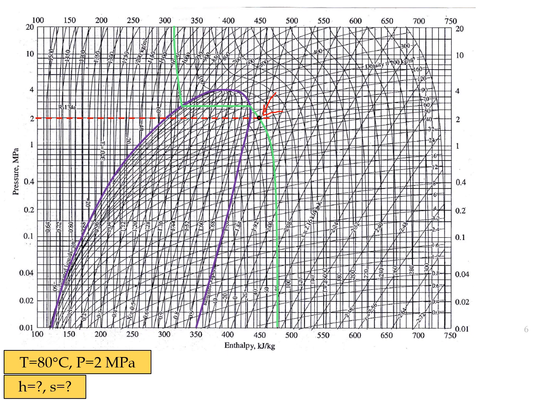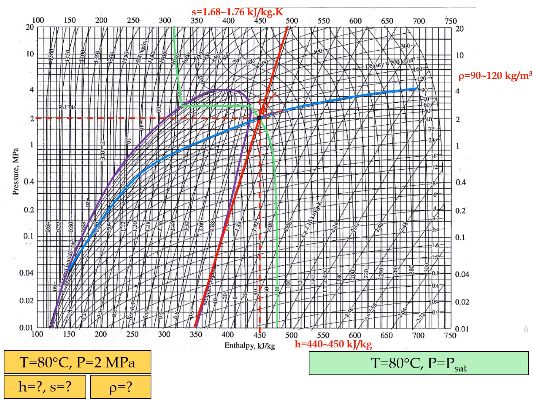From this crossing, we know that the enthalpy is around 440 to 450 kilojoule per kg. We know the entropy, which is around 1.68 to 1.76 kilojoule per kg Kelvin. We also know the density, which is around 90 to 120 kg per meter cube.